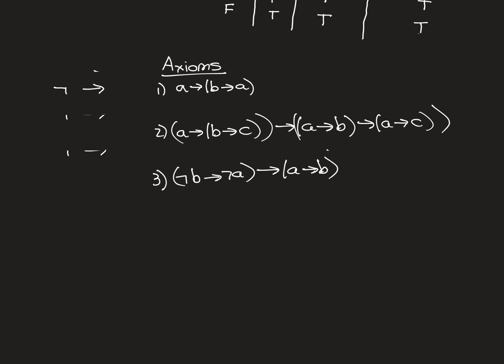We've then got our one rule of inference, which is going to be modus ponens. So one of the most famous laws of logic, probably the most famous rule of inference, made famous, of course, by Socrates: all men are mortal, I am a man, therefore I am mortal. That's modus ponens.